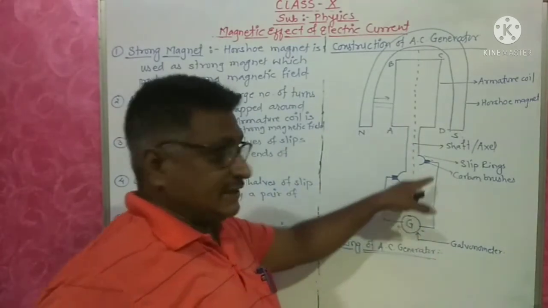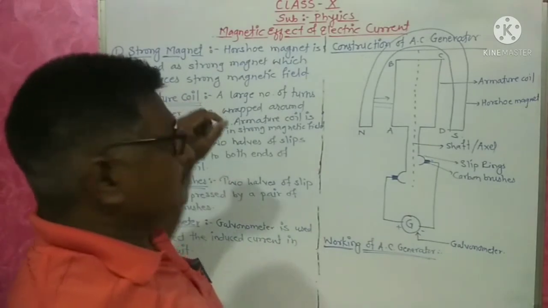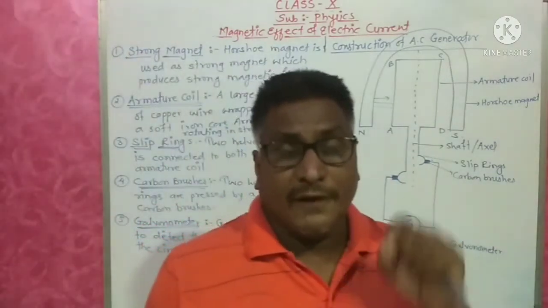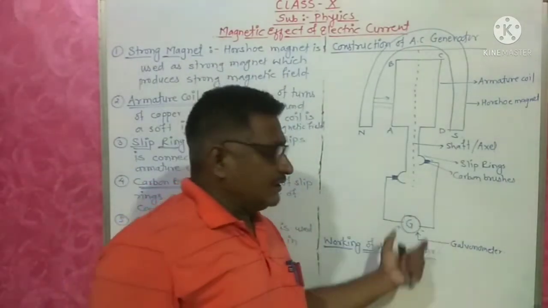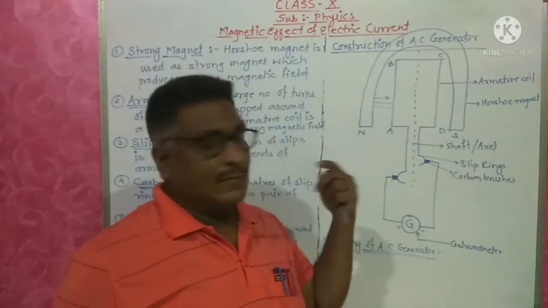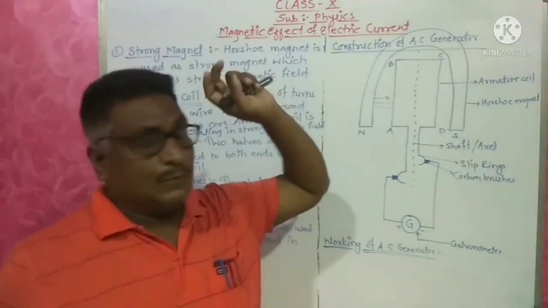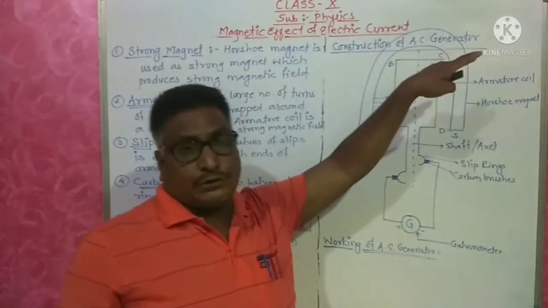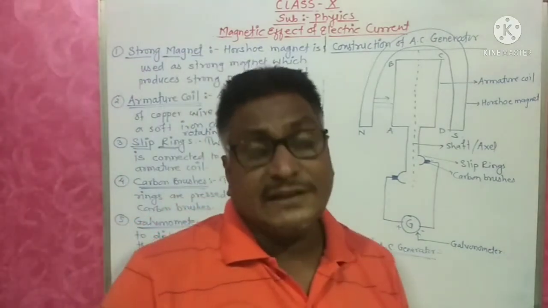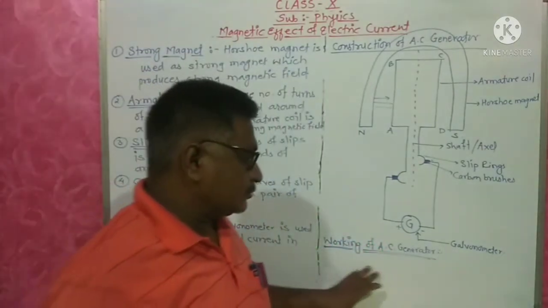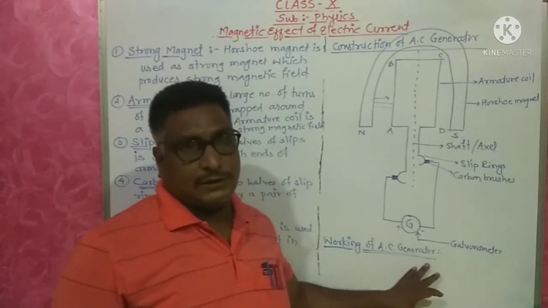All these three things are mutually perpendicular to each other, and according to Fleming's right hand rule, the current is induced in the circuit, and that current is called alternating current. This generator produces alternating current, that's why it is called an AC generator.